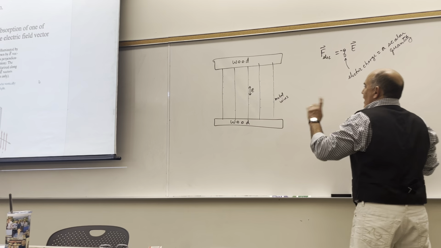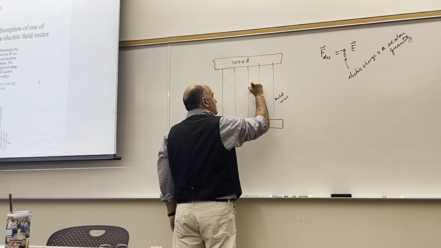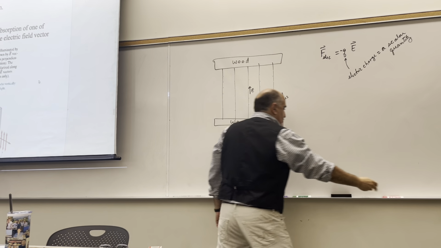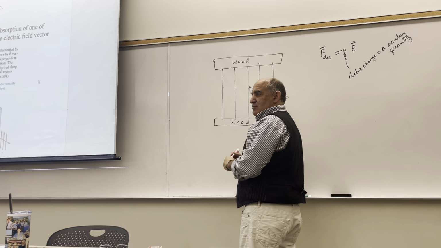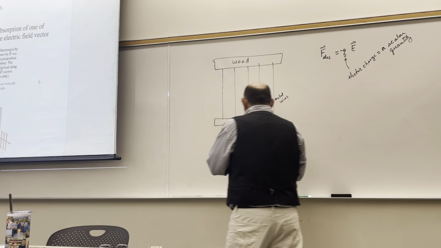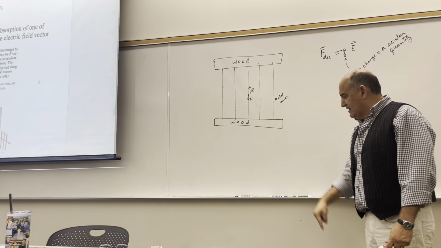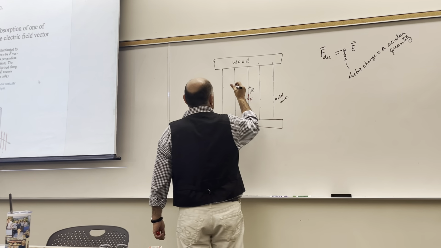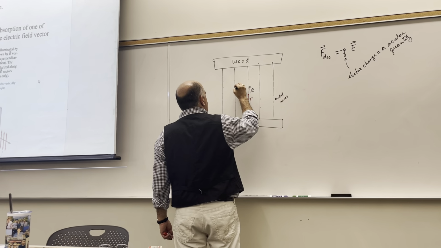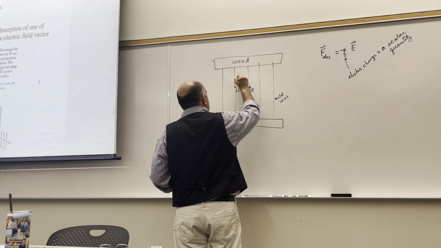So at the instant that the electric field in this wave points up, the free electrons are driven down the wire because the force is in the opposite direction. And at the instant the electric field points down, those electrons are going to be driven up.